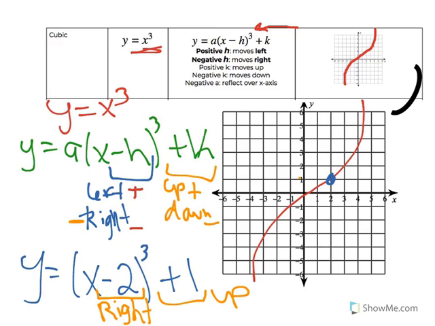So that's going to put a point here. And then that's where we'll make our swivel. Like that. So instead of going through the origin, the swivel happens at that up 1 to the right 2 value. So very similar to the quadratic, the ups and downs and left and rights are the same thing. It's just a different shape.